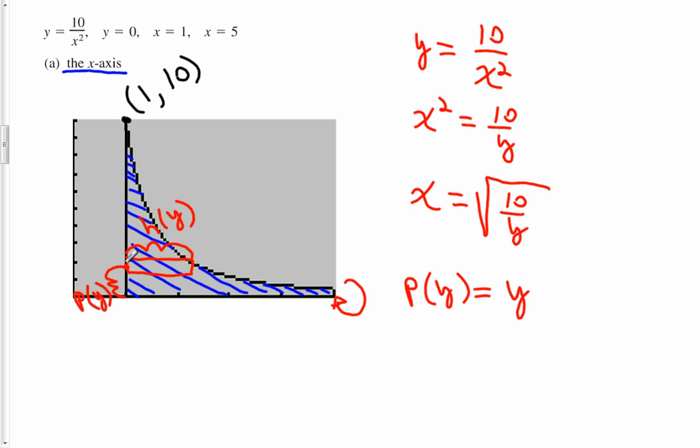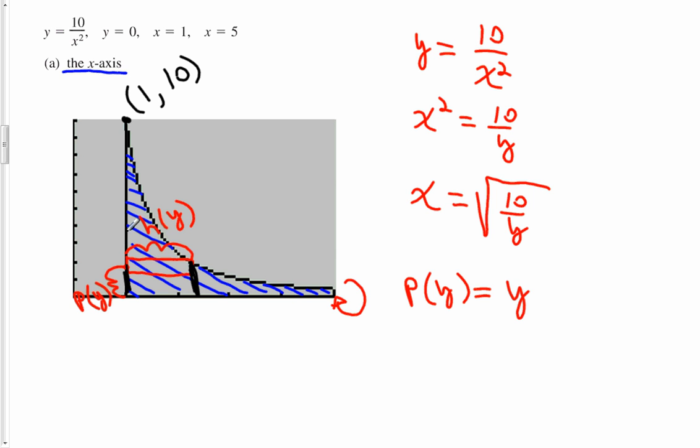And hy, well, hy is this distance here. If I take a look at it, hy there is actually this x value here minus this x value, which is 1. This x value over here is the x value of the point on the function, right?